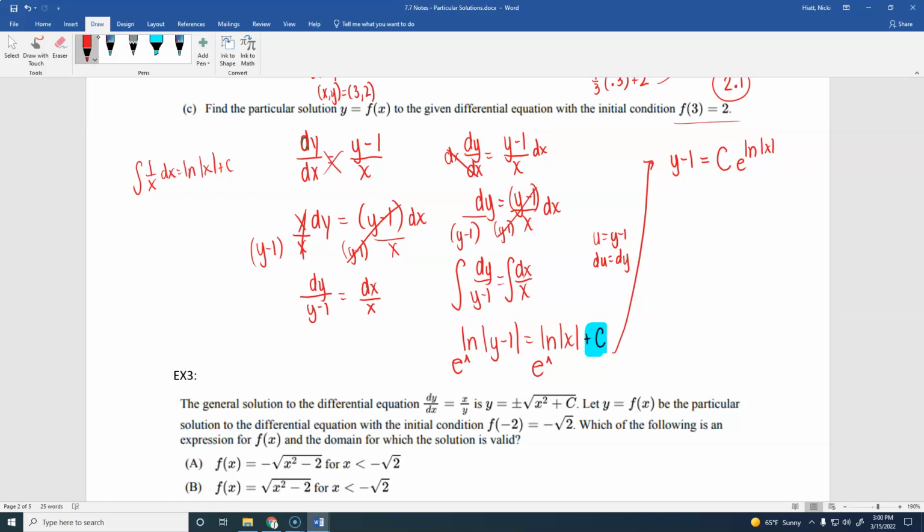Or I don't have to write that step if I want, because what happens with that e and that natural log? They cancel, and we just get that x right there. You can drop the absolute value bars because the c can be positive or negative, so that takes care of it. And so you can move the 1 over, so y equals cx plus 1. You know that you have to solve for y because if it says find the particular solution y equals f of x, that is what's telling you to solve for y.